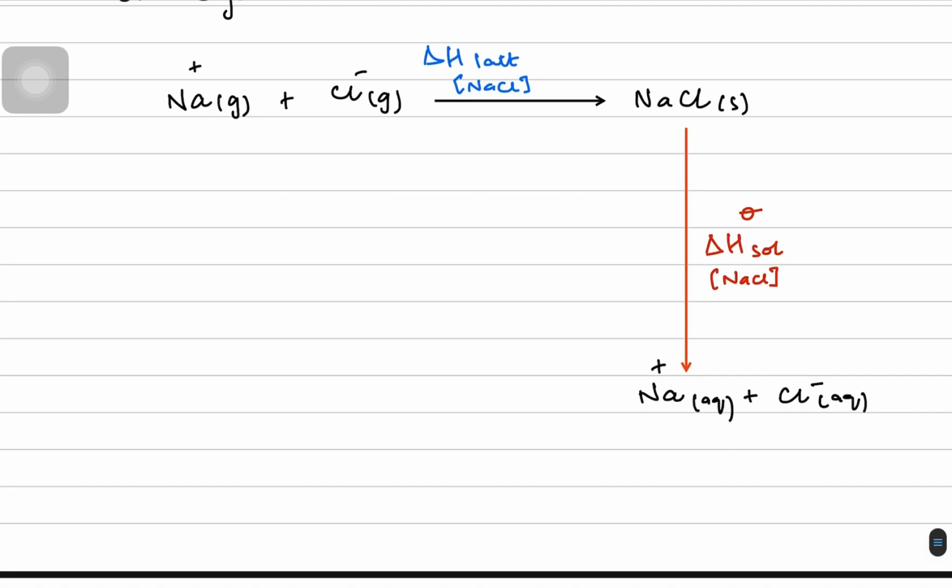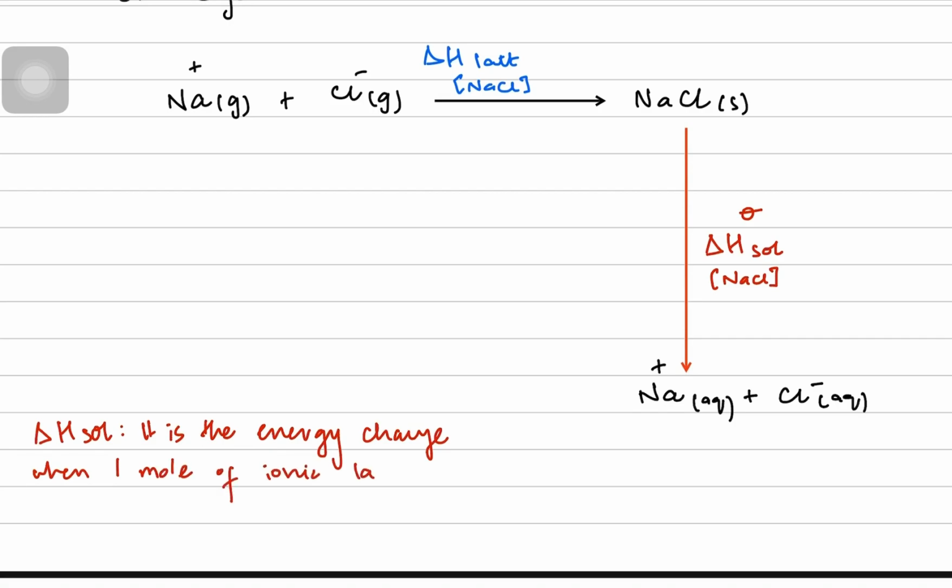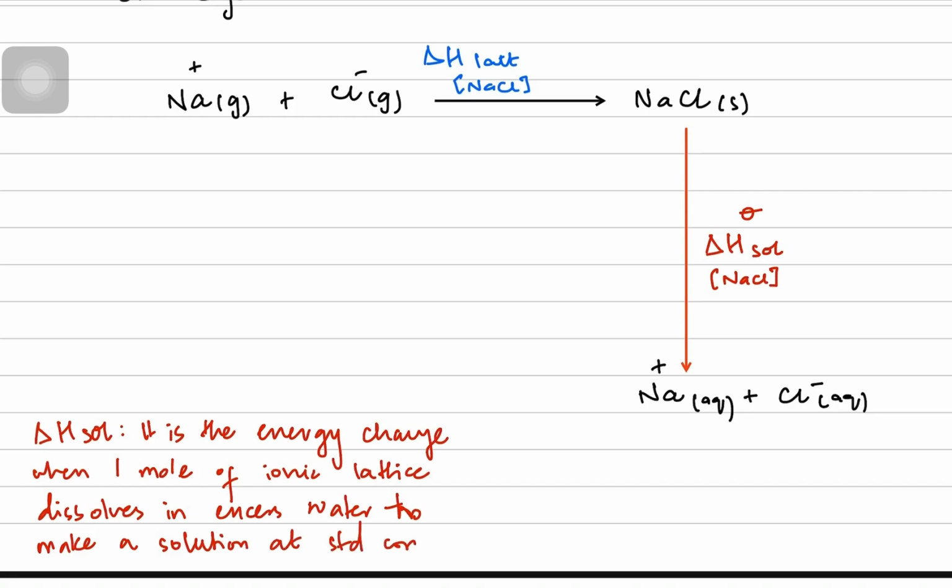It's a new word for us, so it would be good if we define it also. So let's talk about enthalpy of solution, which is the energy change. Obviously we are concerned about the energetics, so it's the energy change when 1 mole of ionic lattice dissolves in excess water to make a solution at standard conditions.